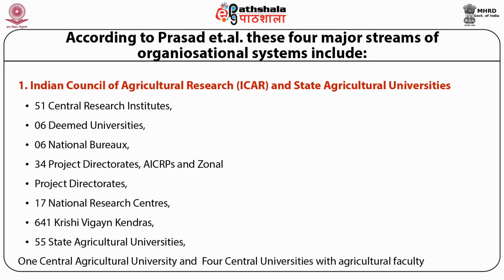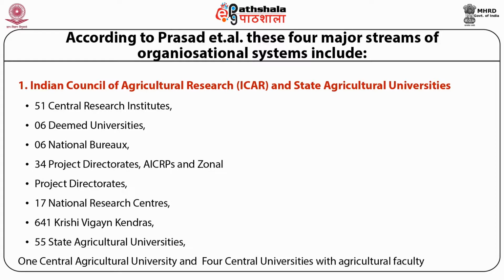All these institutions have a mandate of conducting research and providing extension services to the community. The extension services provided by such institutions are recognized as center extension or extension education activities.